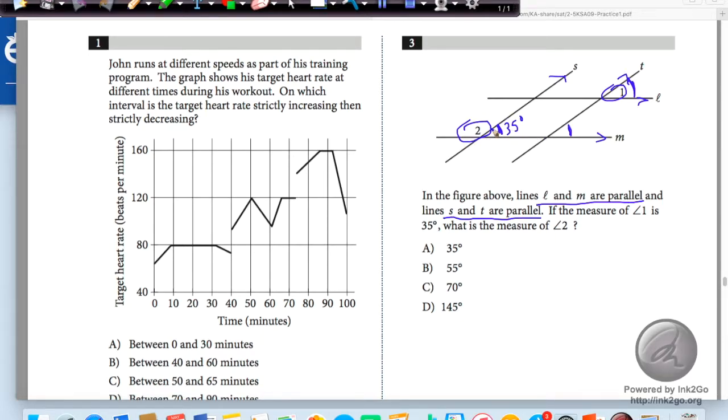Now the fastest way to solve this is to know that 180 minus 35 degrees equals 145 degrees. So angle 2, knowing that the angle of a straight line is going to be 180 degrees, is therefore going to have to be 145 degrees. Okay, let's clear that. Let's keep going.